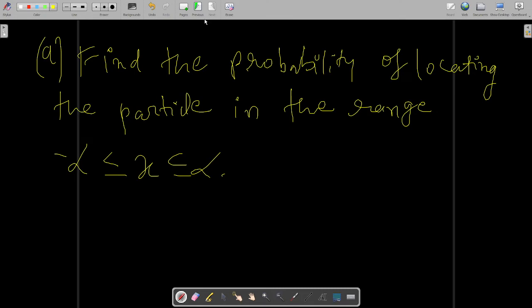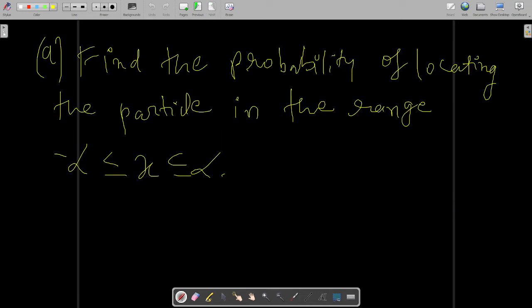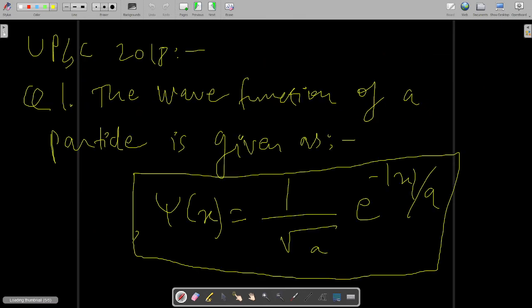So part number a is that the wave function is given like this, and you have to find the probability of locating the particle in the range for x belonging to minus alpha to alpha. I can clearly see that this is a one dimensional time independent Schrodinger wave equation.